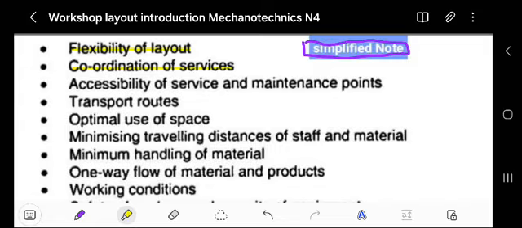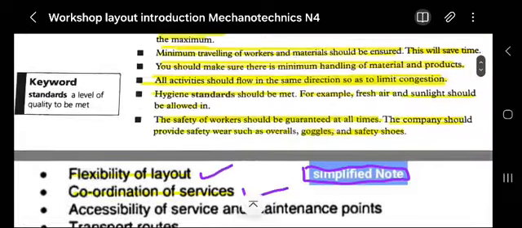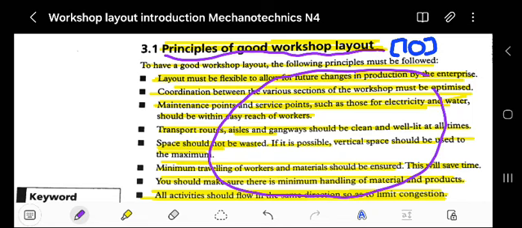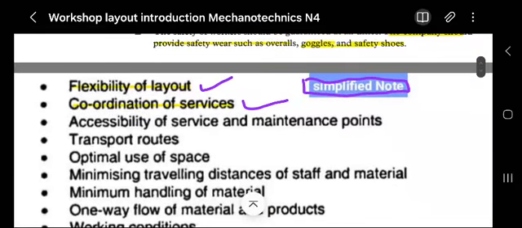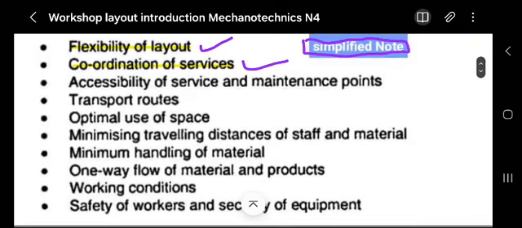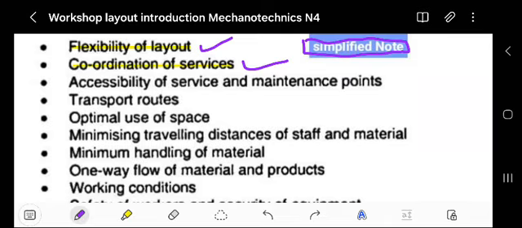Simplified to get your marks, 10 points. Flexibility of layout and coordination of service are one and the same thing. You can write this simplified form on your exam question paper.